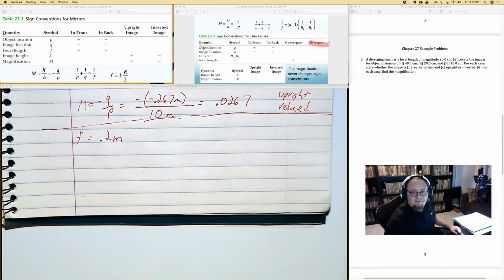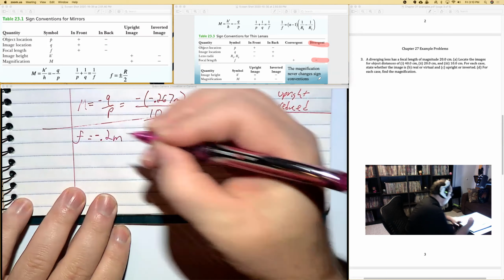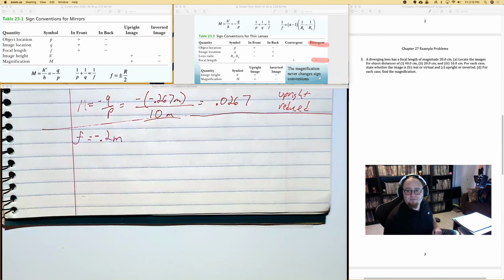Divergent is negative. If it's divergent, my focal length is negative 0.2 meters. And then it says locate the images for 3 cases: P equals 40, P equals 20, and P equals 10. And for each case, real, virtual, upright, inverted, magnification.